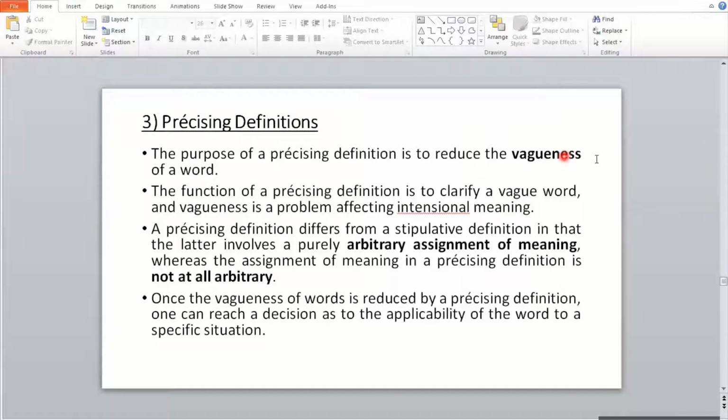So if we clearly define that term or word, it will reduce that vagueness or minimize that continuous range of interpretation of the word.